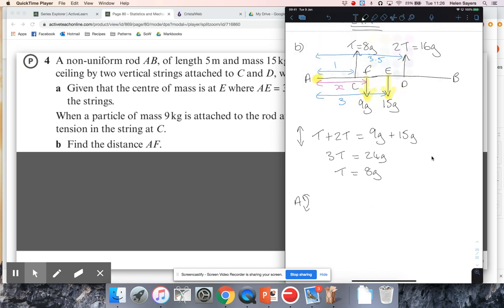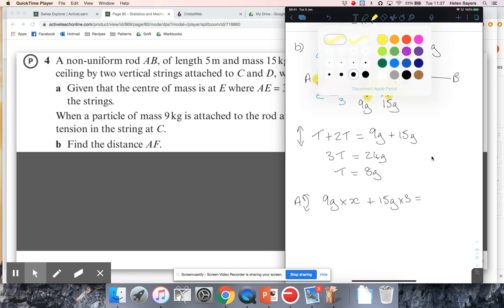So the moment due to F is the force of 9G times the distance X. I don't know that distance; that's what I'm trying to find. The moment due to E is the force of 15G times the distance of 3. So they're the 2 clockwise moments. There are also 2 anti-clockwise moments.